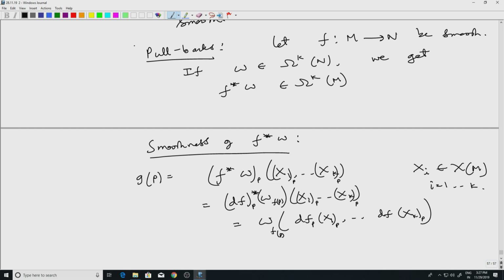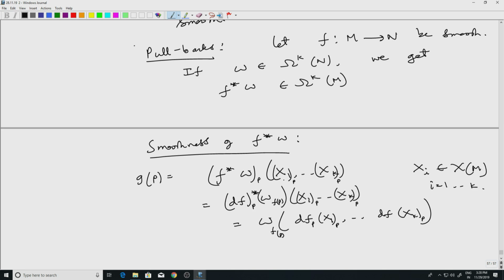So as P changes on M, I would like to say that when the inputs to omega are smooth vector fields on N, I get something smooth on N. However, the problem is, as we have seen before, X_1 up to X_K are vector fields on M, but when I do dF of those vector fields, I may not get actual vector fields on N. The extreme case of F being a constant map will show what can go wrong.